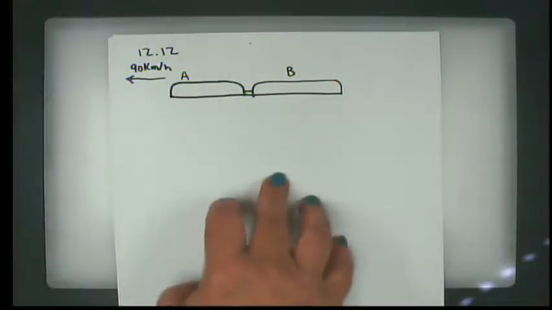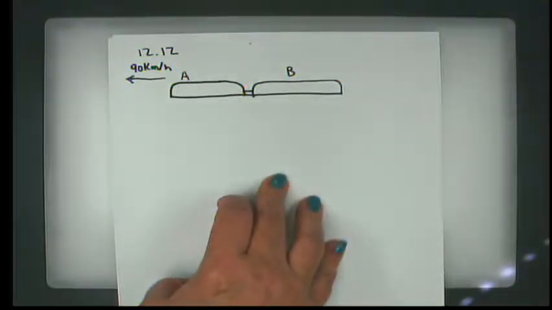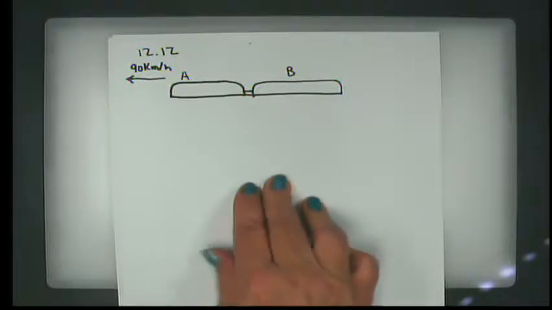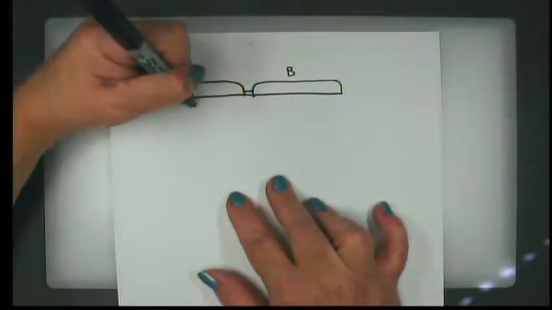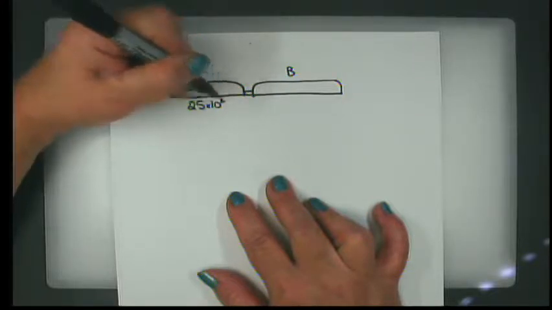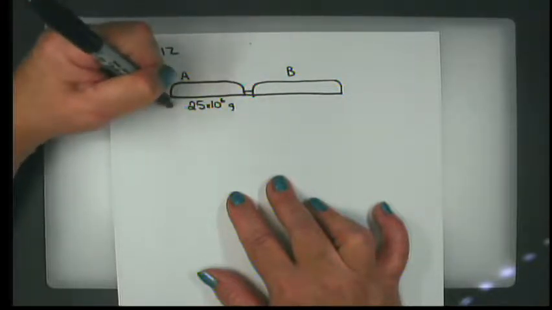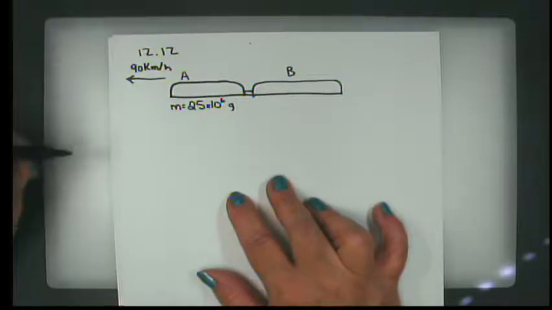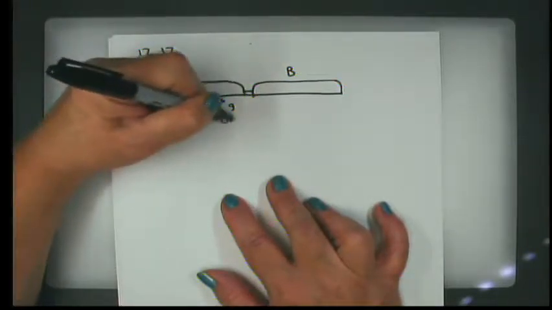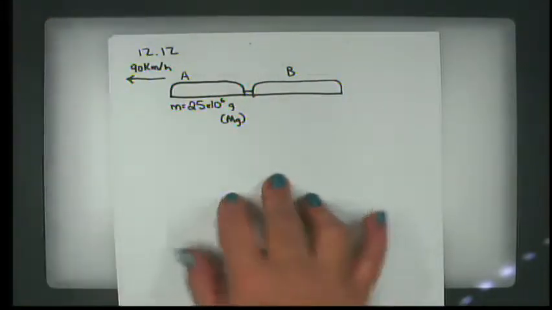And the brakes are applied to both cars, knowing that car A has a mass of 25 megagrams, which is 25 times 10 to the 6 grams. Right?